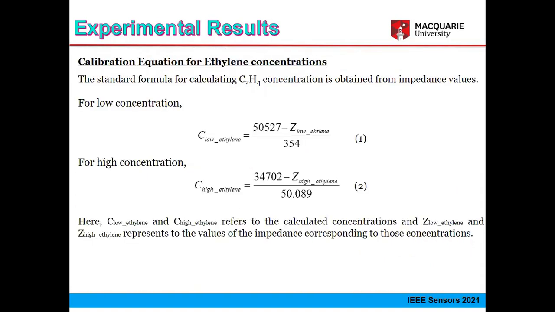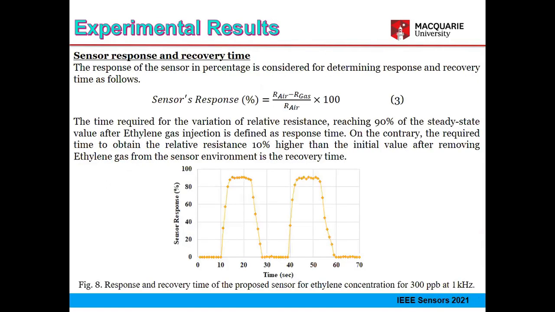Here are the equations found from the previously shown graphs. In these equations, C low ethylene and C high ethylene refer to the calculated concentrations, and Z low ethylene and Z high ethylene represent the values of the impedance corresponding to those concentrations.